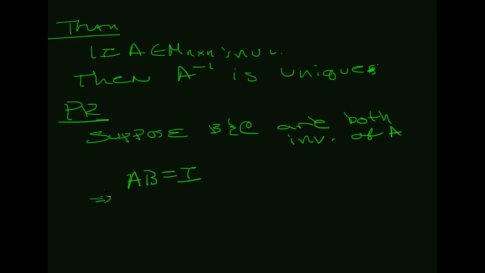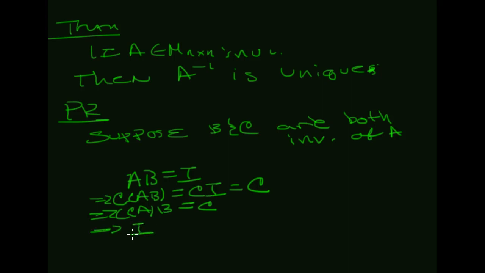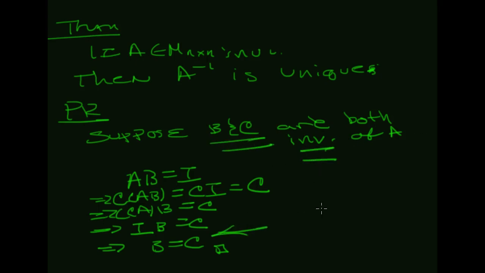So this means that C times AB has to equal C times I, which has to equal C. All right, well, I can associate: C times A times B has to equal C, but C times A has to be the identity if C is an inverse, which means that B equals C, and I'm done. So if B and C are both inverses, they have to be equal. They have to be the same matrix. So that means that any inverse must be unique.